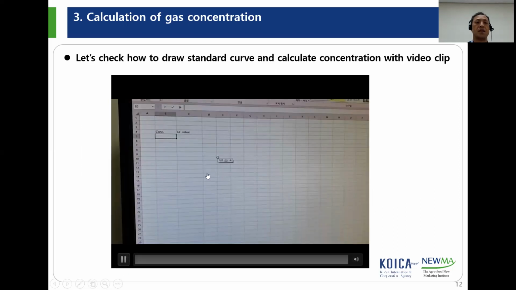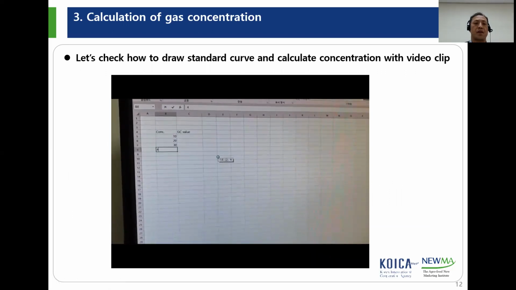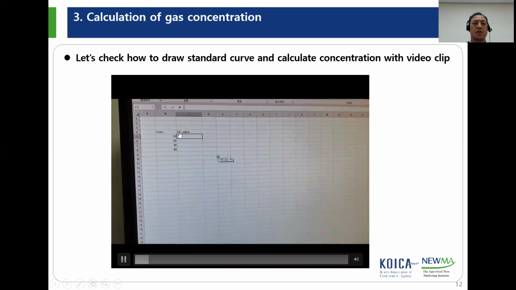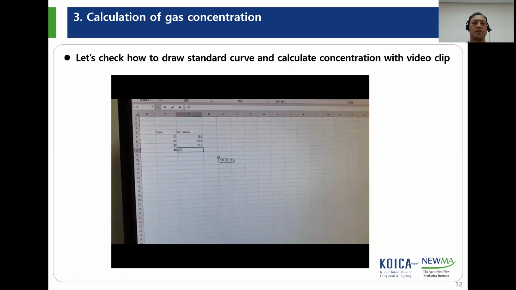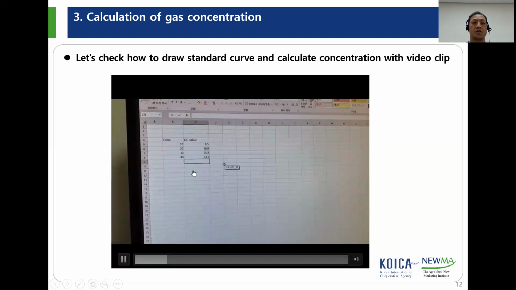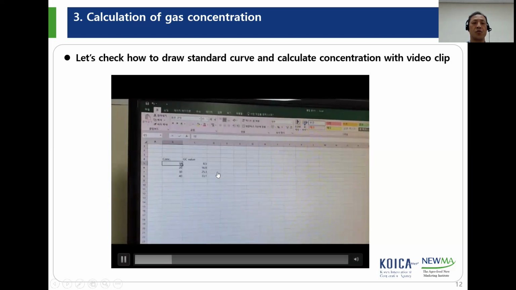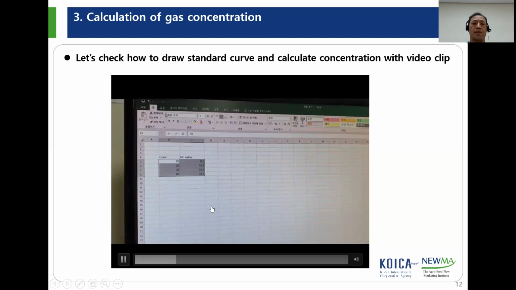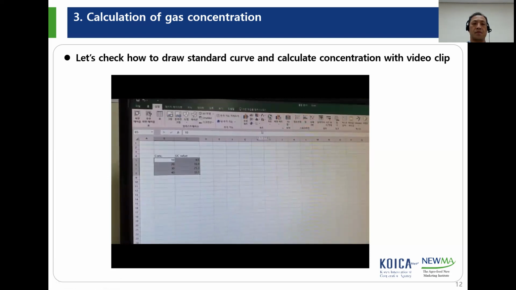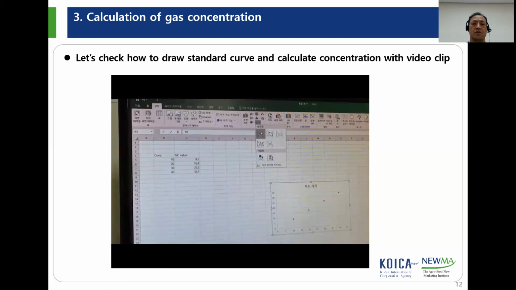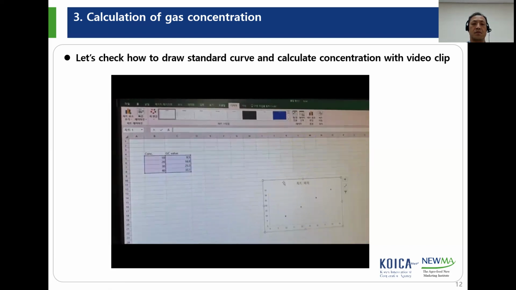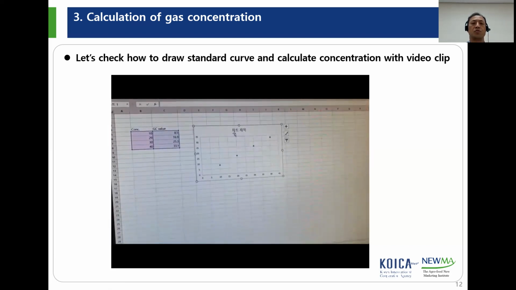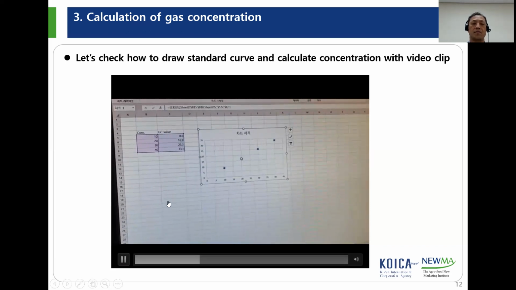Let's check how to draw a standard curve and calculate the concentration with the video clip. We determine the gas concentration. And then we assess the GC value with the gas chromatography. We can draw the standard curve like this.